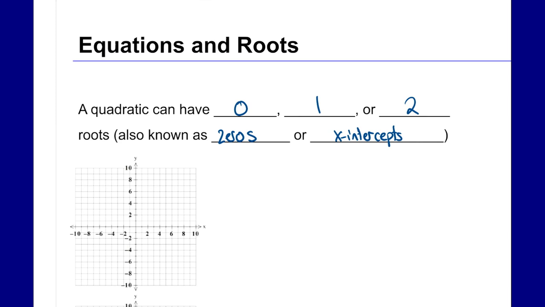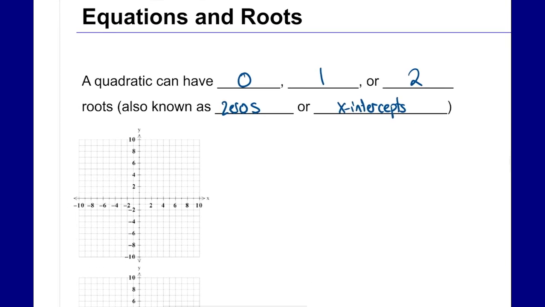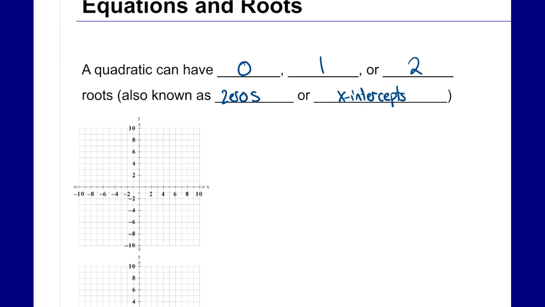And you can imagine what we're going to do next based on what we've done with the factored form equation in previous lessons. So just in the first one, or in our graphs, we're just going to show examples of how we can have 0 x-intercepts or no x-intercepts. Just in general, what our parabola might look like.